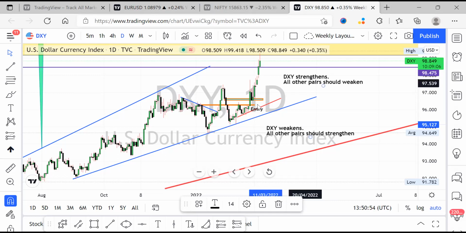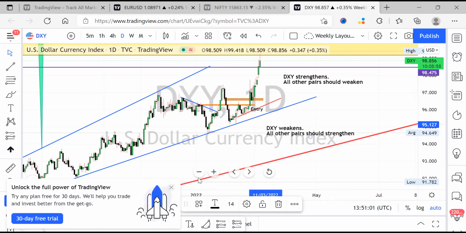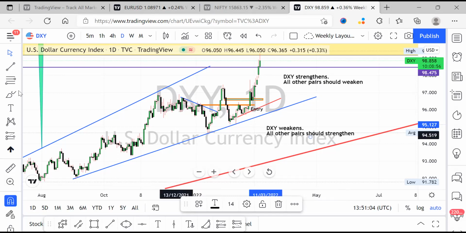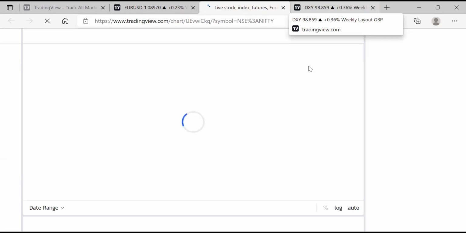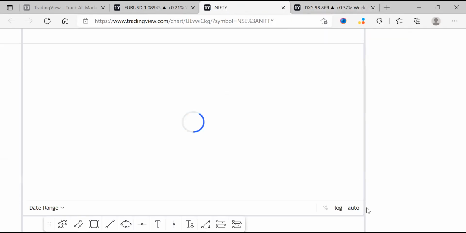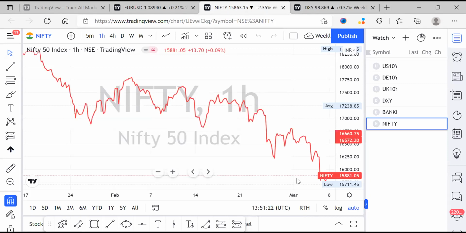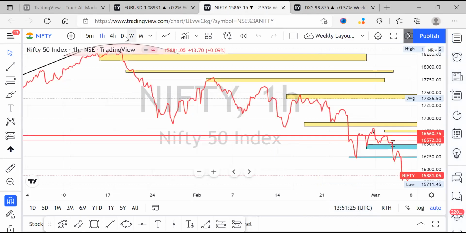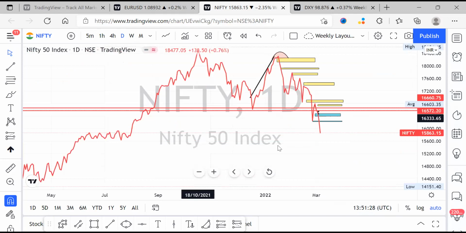That means that the dollar itself will be going strong, which means all other pairs should be weakening. The dollar index is the DXY. This is the biggest indicator to tell you what's really been happening because the whole world is dependent on the dollar. Those of you in the Indian currency market: the dollar index is strong, and the Nifty should be going down.